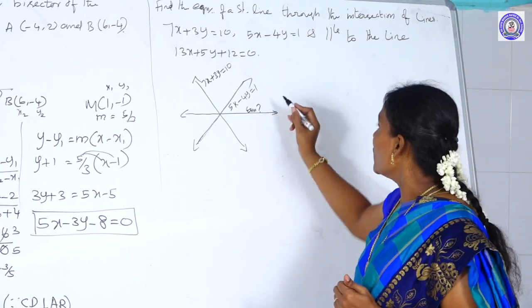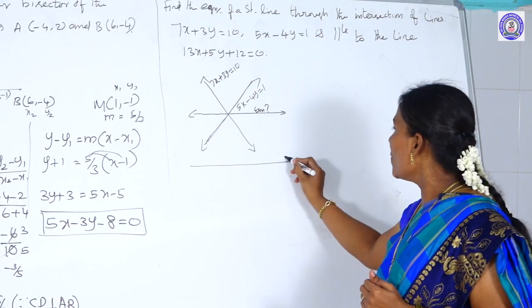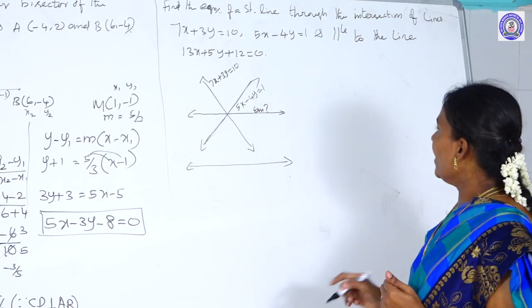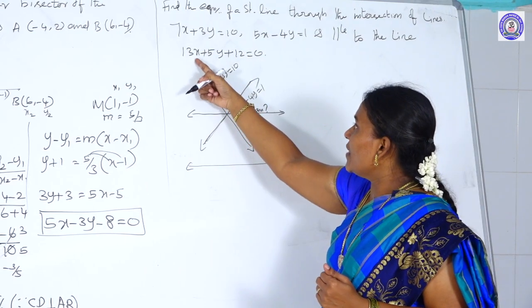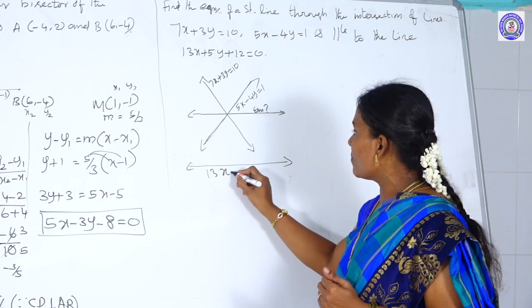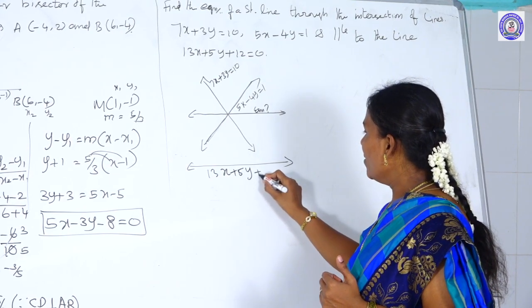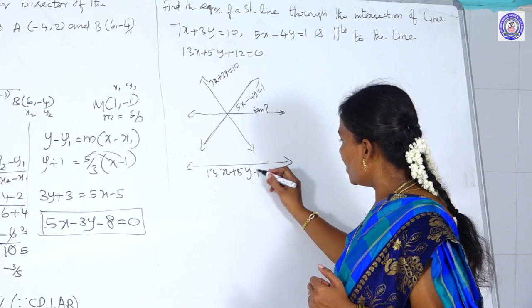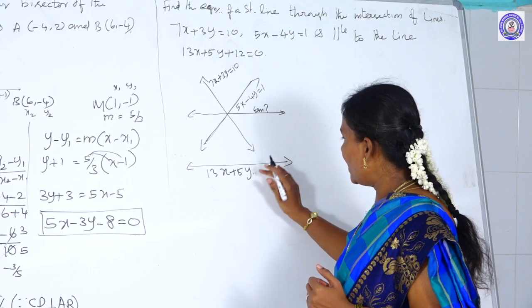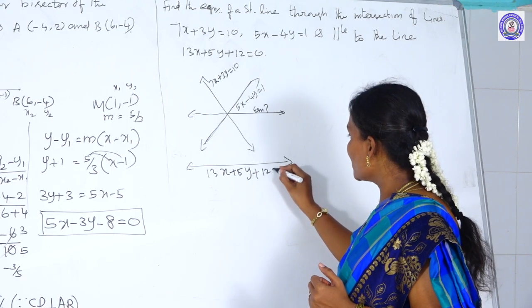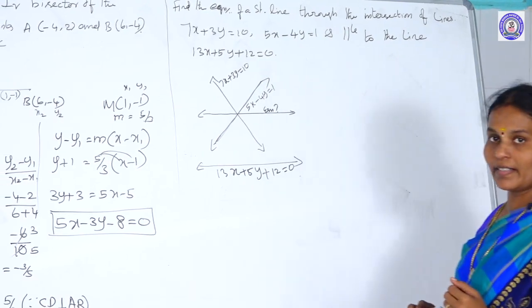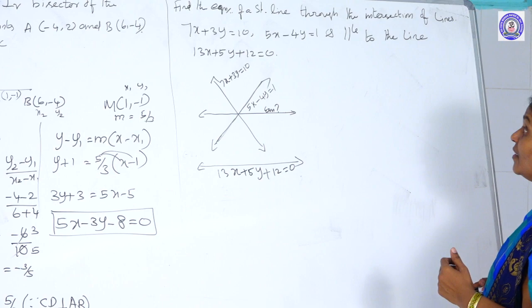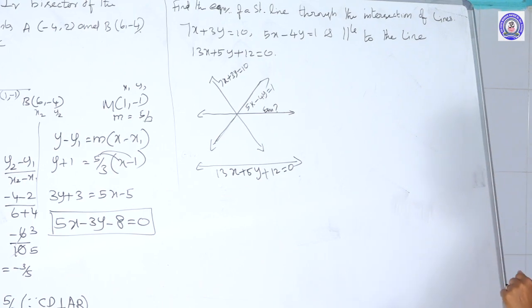This line is parallel to one line. The equation of that line is 13x plus 5y plus 12 is equal to 0. Understand? Here two equations of lines are given.